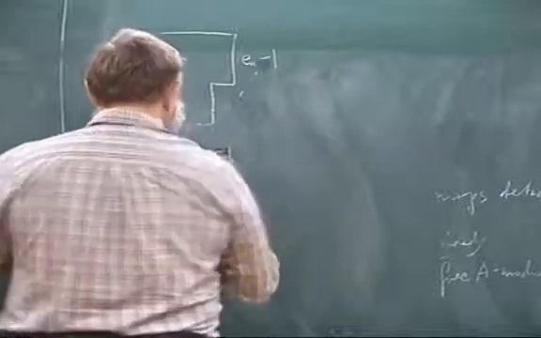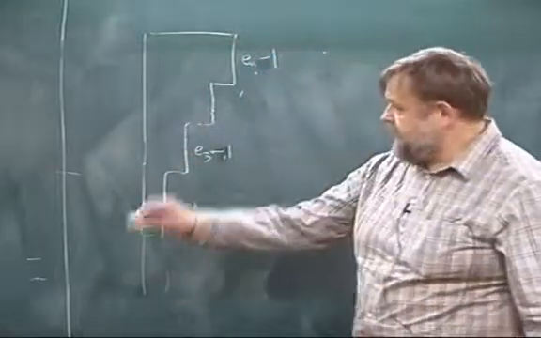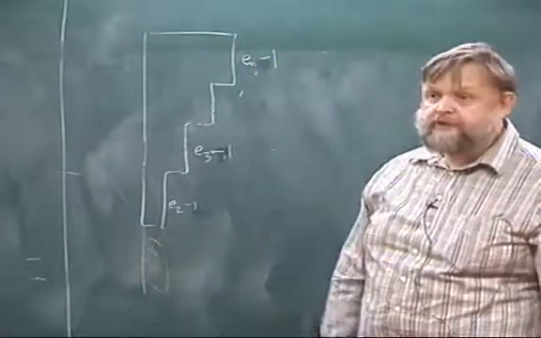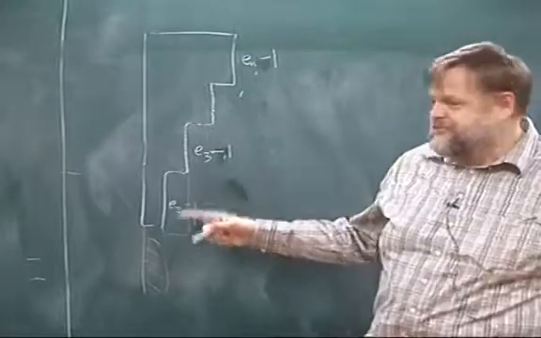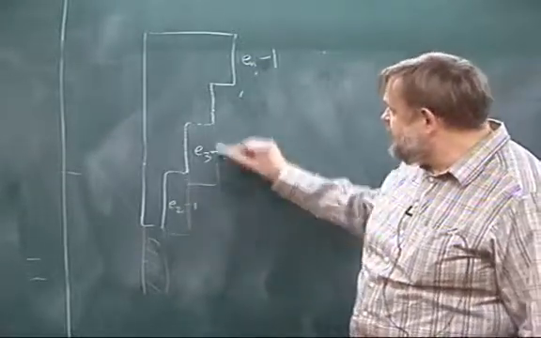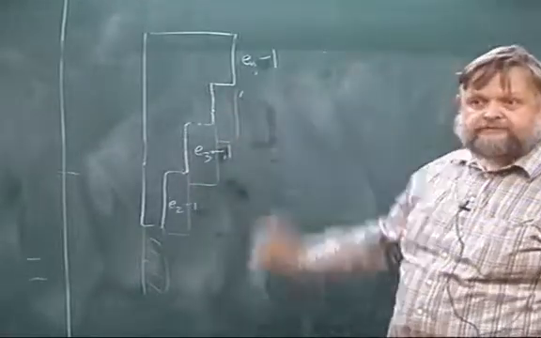Okay, such a shape. Then for the first addition of E1, I don't care. I can just add to the first column as many boxes as I want. And then if I do the same construction, I'll have degree E2. Here I have degree E3, because it's always one more, degree 4, and so on.